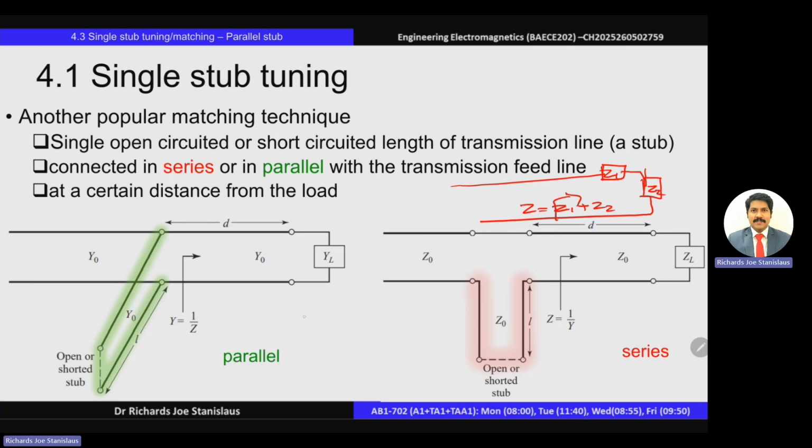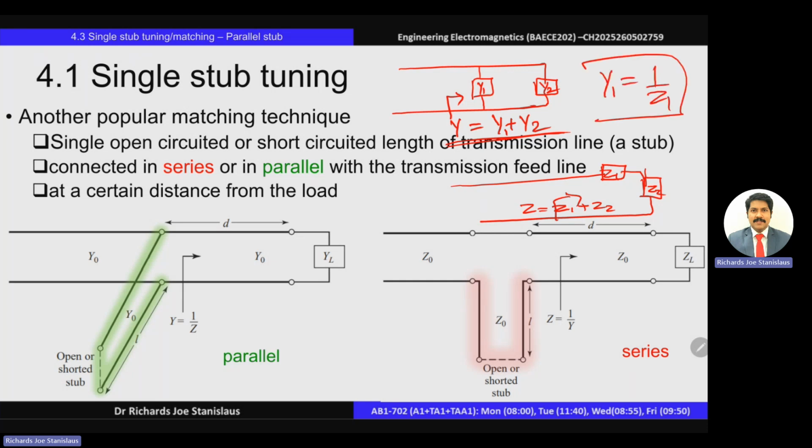Similarly, for a parallel circuit, when you have two admittances, basically just the inverse of impedance values, which I'm writing over here as y1 and y2, the net admittance seen will be just the sum of the individual admittance values, right? So if impedances are given, we just need to take the inverse of the impedance to find the admittance.